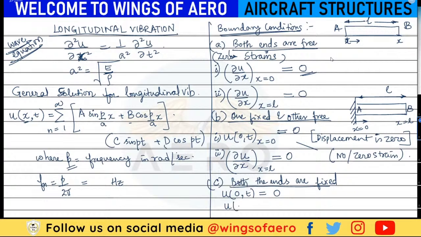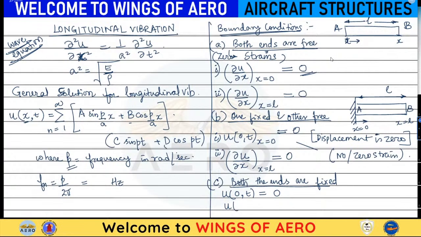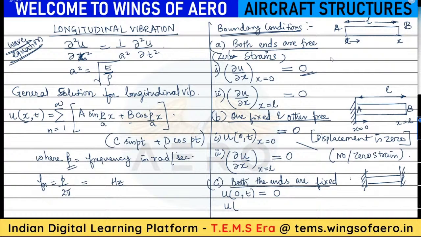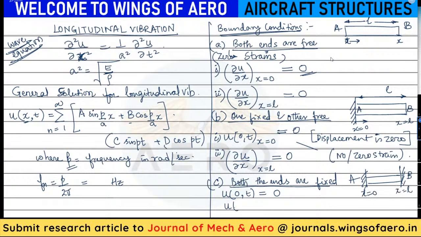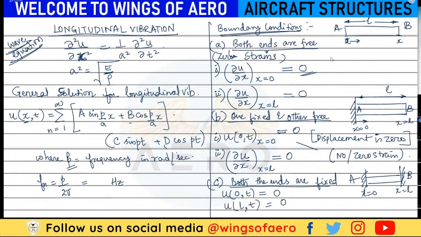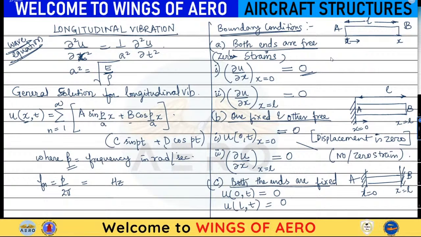When it reaches the other point, something like this, this is A and B, at both point A and point B there will be no displacement. That is a fact. These are the conditions for a longitudinal vibration.